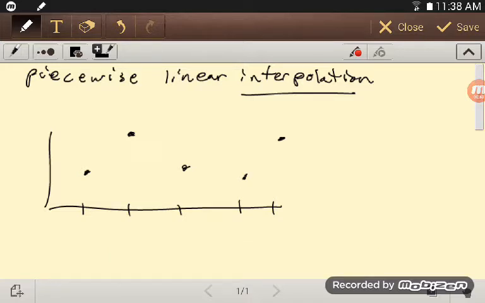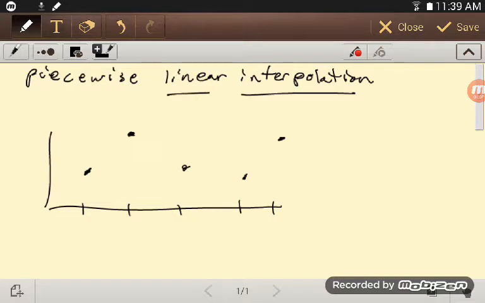If it did not contain the points, I wouldn't have interpolation. So whatever I come up with, I need to have the points as part of the function.